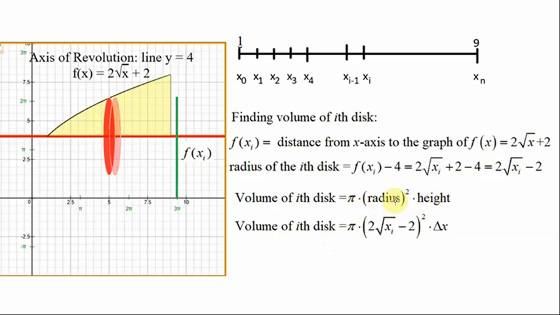The radius of the ith disk is 2 times the square root of x sub i minus 2. The height of the disk is the thickness of the disk, which is delta x. So this would be the volume of the ith disk.